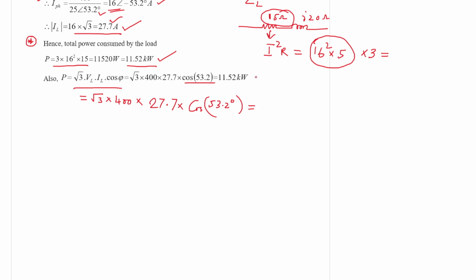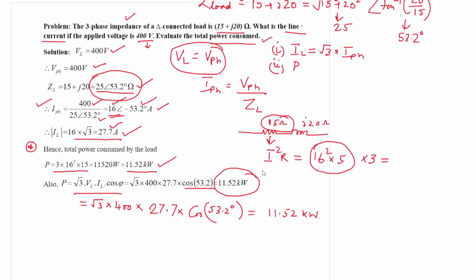If you solve this, you will get the same result, 11.52 kilowatt. So in case of a delta network, the total power is actually consumed by the resistance. It is given by 3 VI cos phi or root 3 VL IL cos phi. So two wattmeters are sufficient to measure that power.